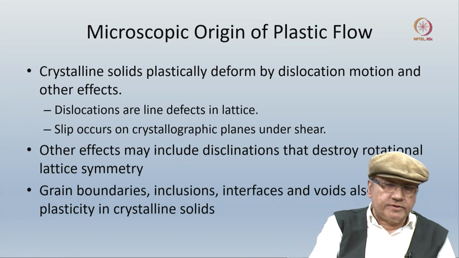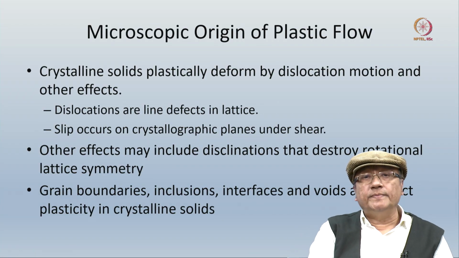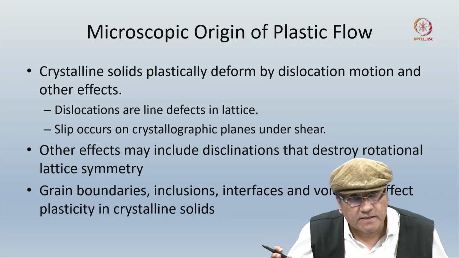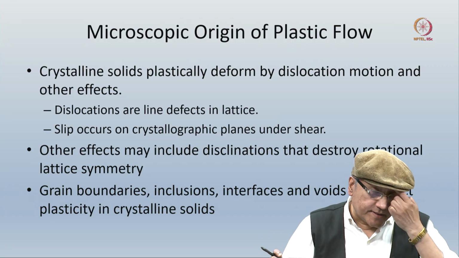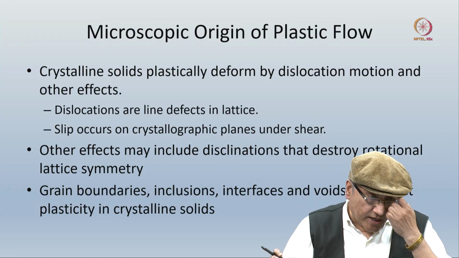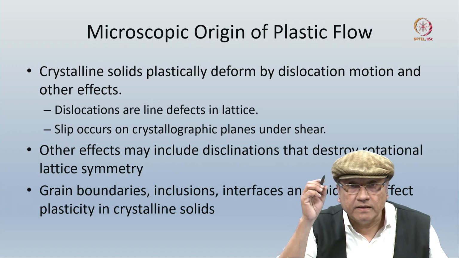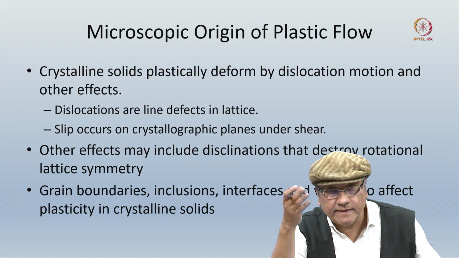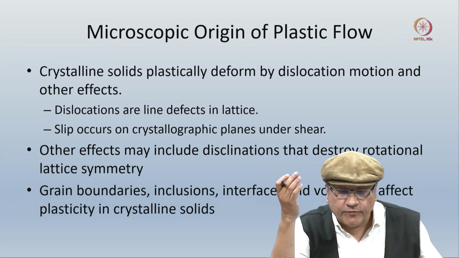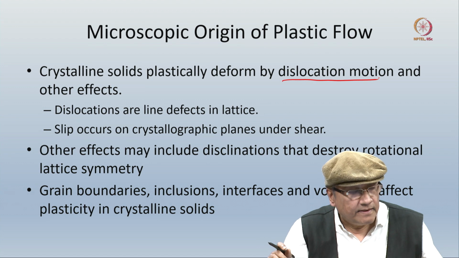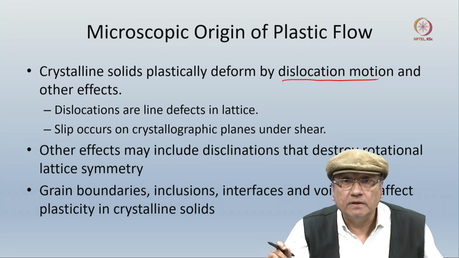Now, having talked about these isotropic elastic solids, let us see what the origins of plastic flow could be. So, let us talk of metals first, which have a crystalline structure, right. These crystalline solids, as you already know from the first lecture, plastically deform typically by dislocation motion, and there are other effects also.